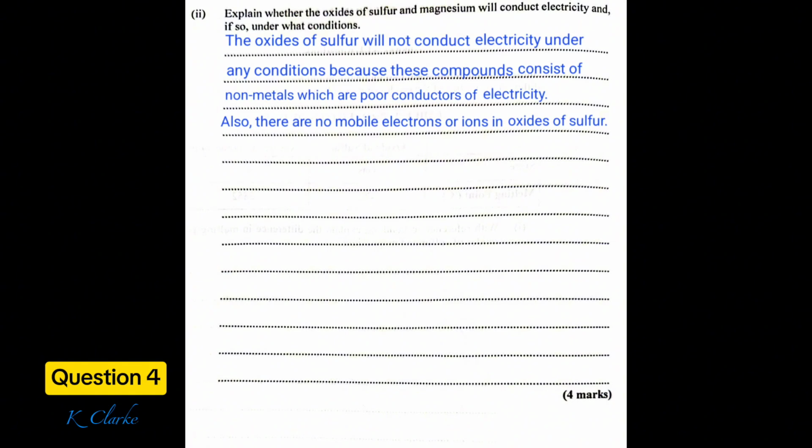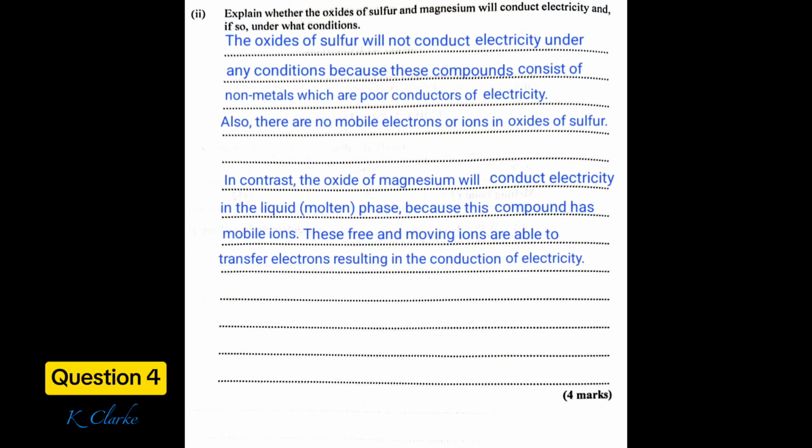Also, there are no mobile electrons or ions in oxides of sulfur. In contrast, the oxide of magnesium will conduct electricity in the liquid or molten phase because this compound has mobile ions. These free and moving ions are able to transfer electrons, resulting in the conduction of electricity.